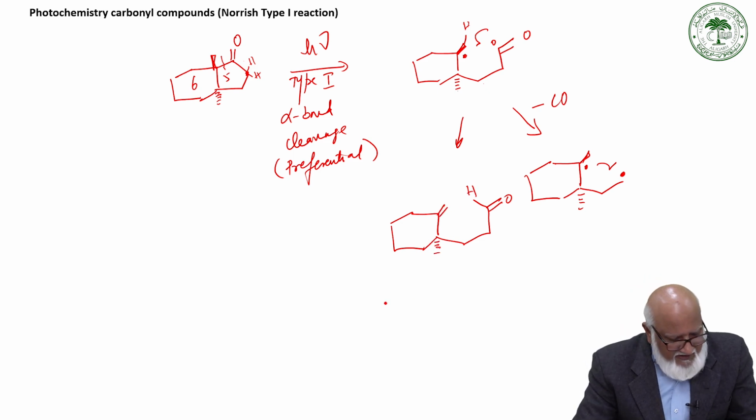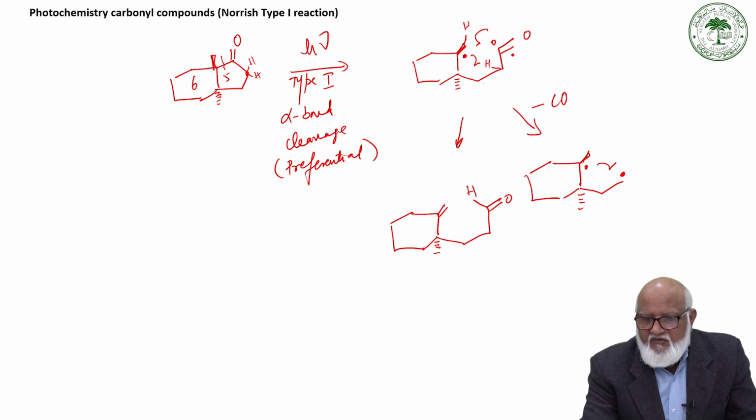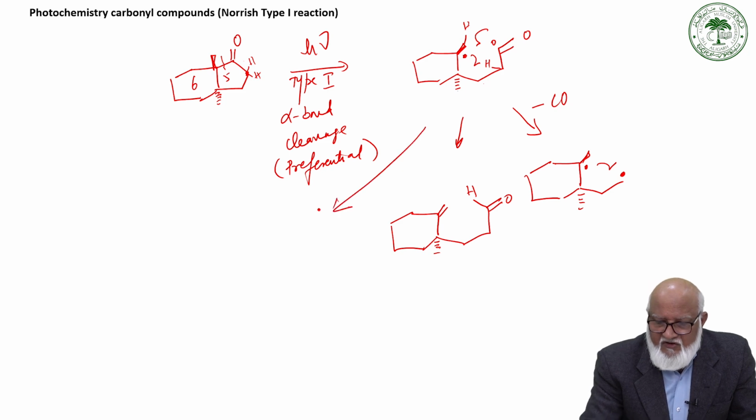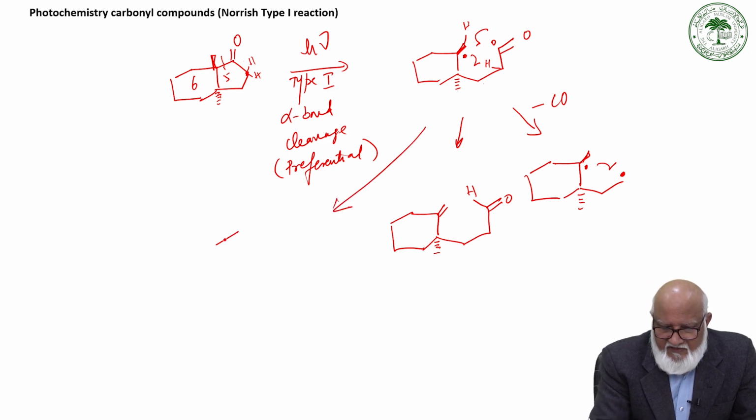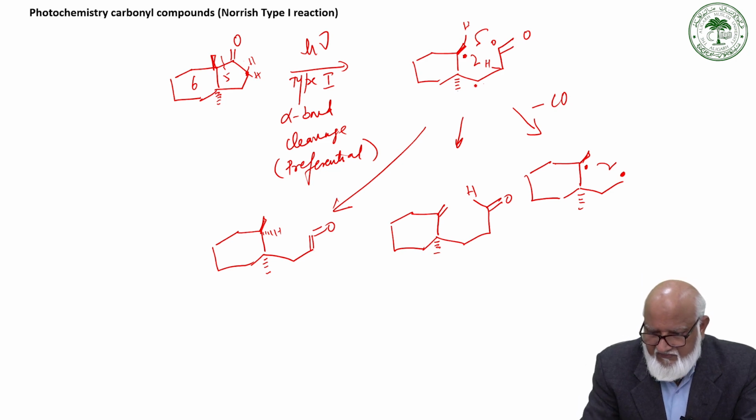It is also possible that this radical may abstract a hydrogen atom to give the corresponding ketene, as we have already seen in the earlier example. This is the H coming from here. This is the ketene, and this is another methyl group. So the hydrogen is abstracted from here to give the ketene.